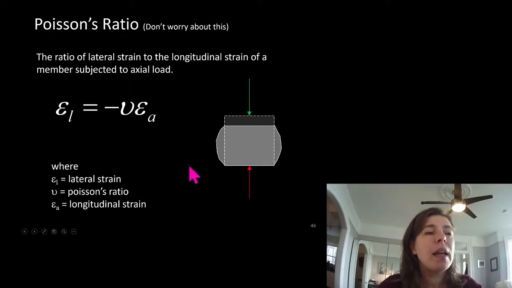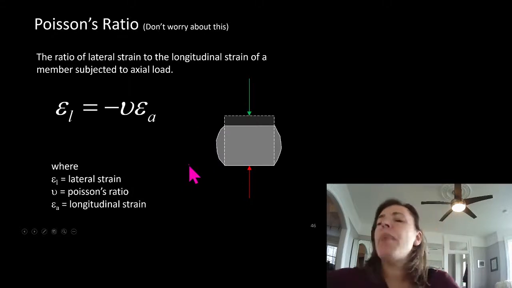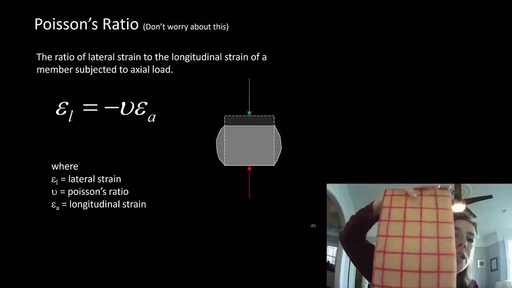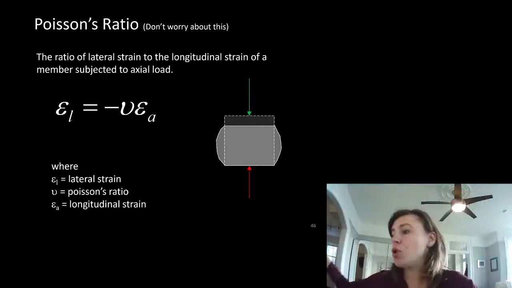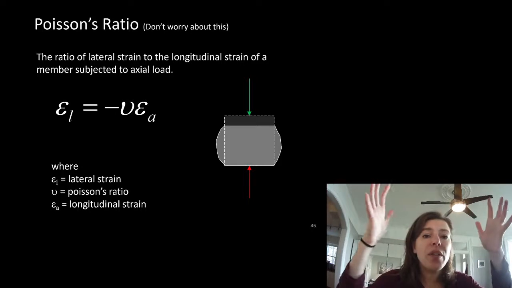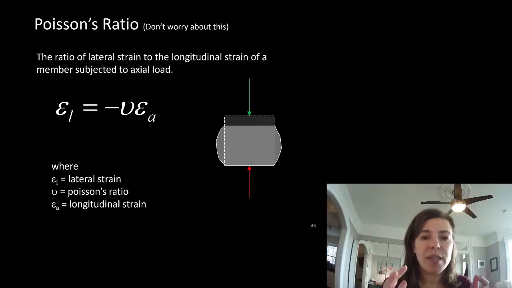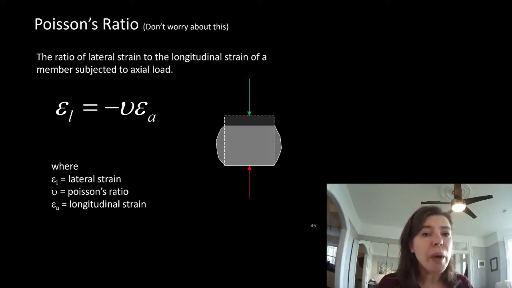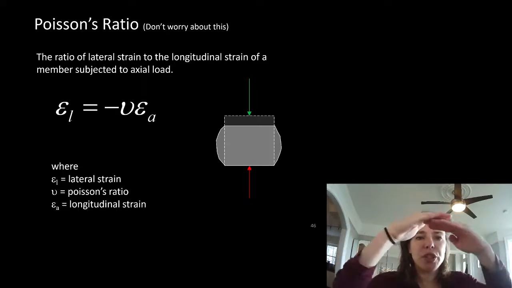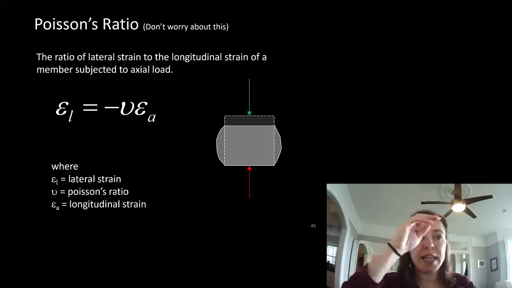When we were talking about our deformation, we just talked about the change in length, about how much it's squashed. We ignored the fact that that material goes somewhere. It doesn't just disappear. It pops out on the sides. We didn't worry about that at all. We were just talking about that change in length.